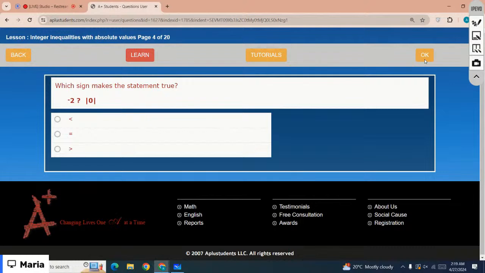Negative 2 is less than 0, right? Negative numbers are always less than 0. The correct option is less than.